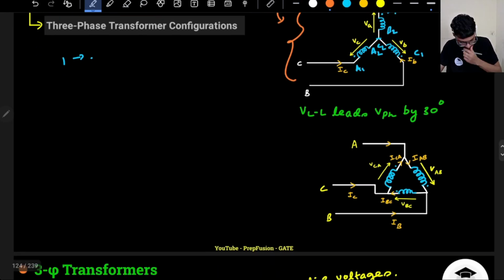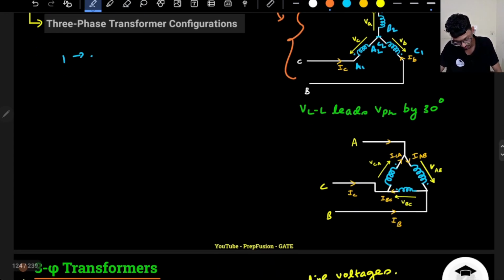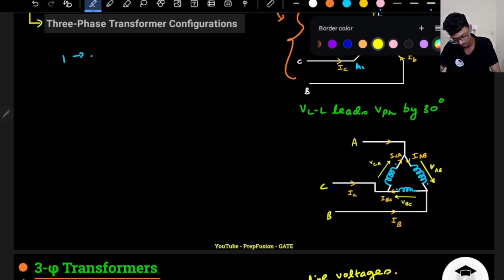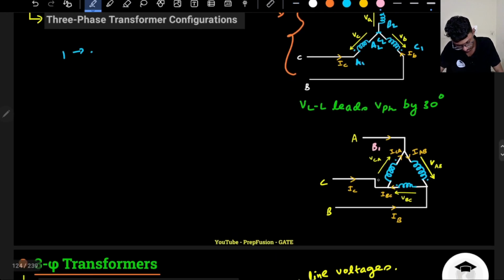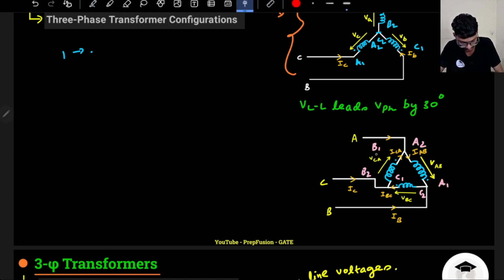Now whenever you see here, again the same thing, 1 is with dot. So this will be B1 B2, C1 C2, and let's assume this will be A1 A2. Whenever I see that numbering is different, B1 is shorted with A2, A1 is shorted with C2, C1 is shorted with B2, the phase is different and the number is different, that means it is a delta connection.